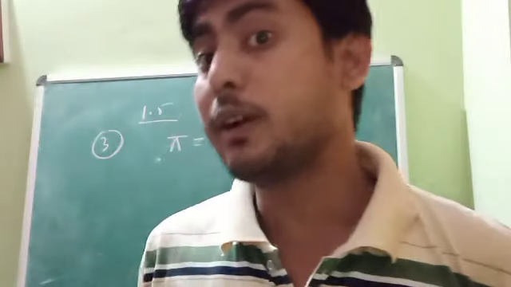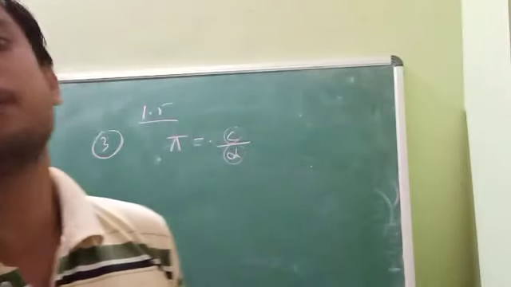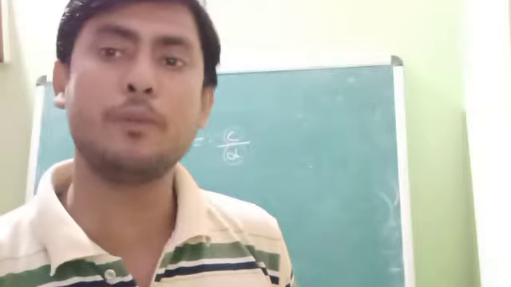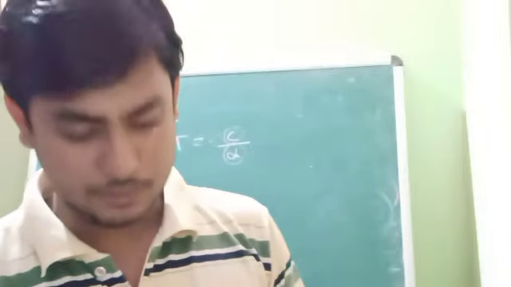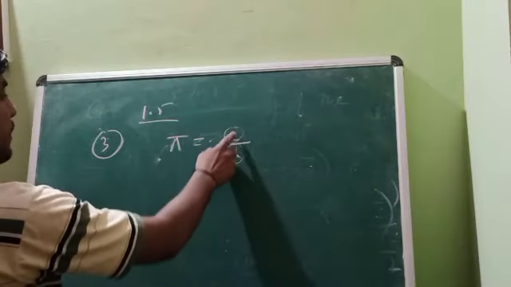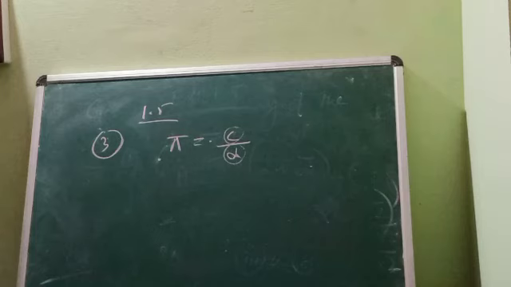But when you use a scale or any other device, you will get only the approximate value of C and D as rational. If C and D are approximate values, that means we will not get the exact value. So that is why pi is irrational.